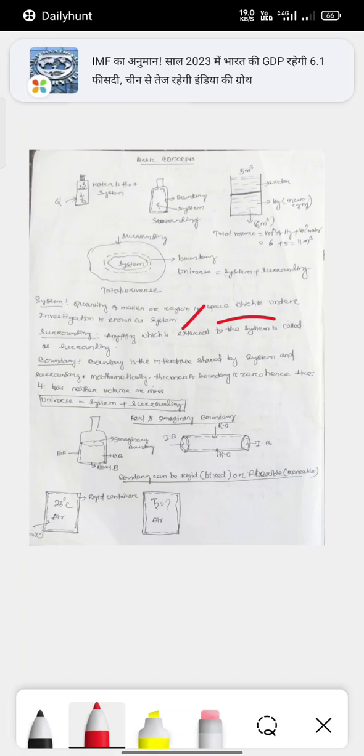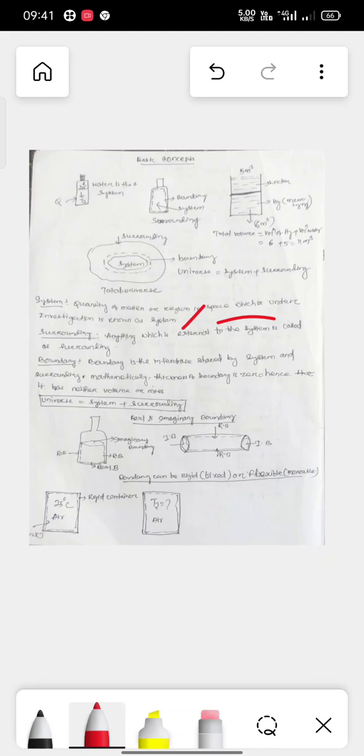It may be anything which is under investigation or consideration. Inside the bottle I have some water, that is my system. Inside this container I have two things, water and mercury, that is my system. Anything under investigation or study is your system.